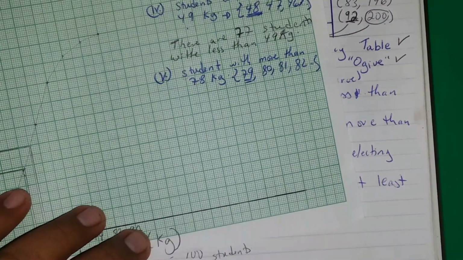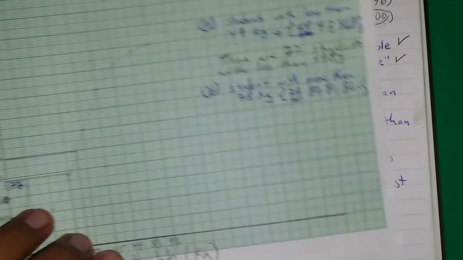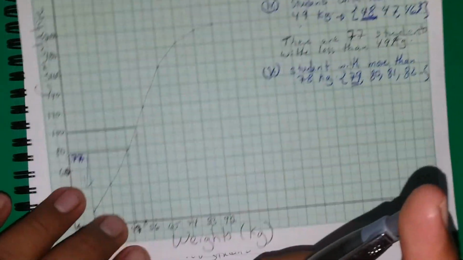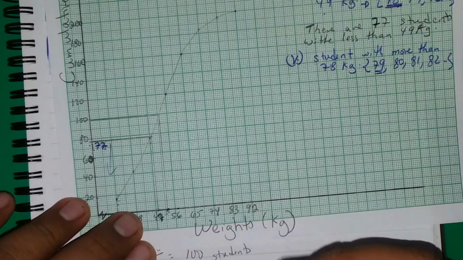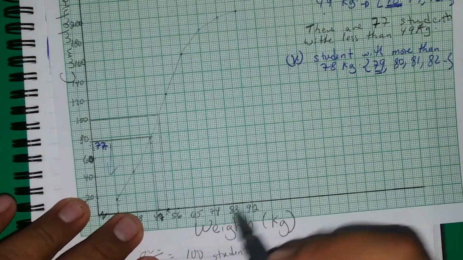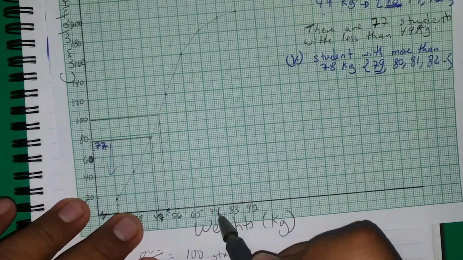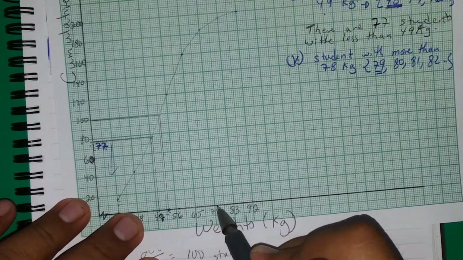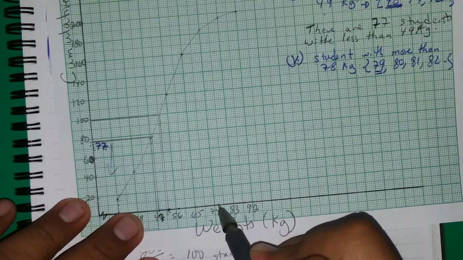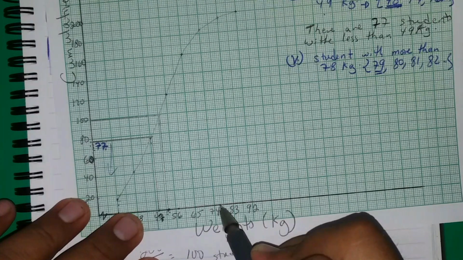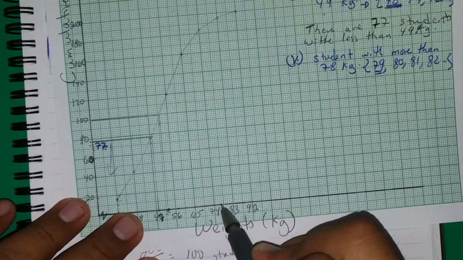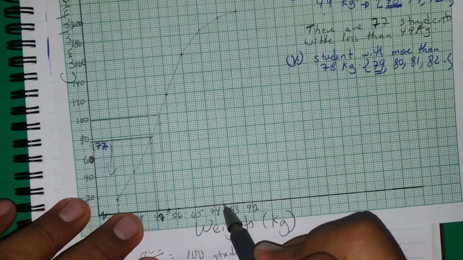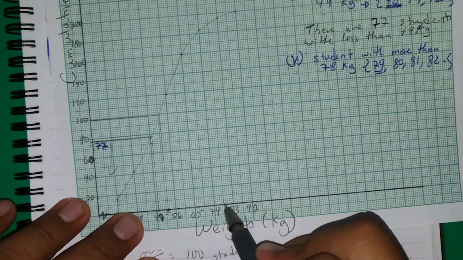So we need to find where 79 is. We go up and across to find what we have, right? So 78 is somewhere around here because we have 74, 75, 76, 77, 78, 79, and a little piece.